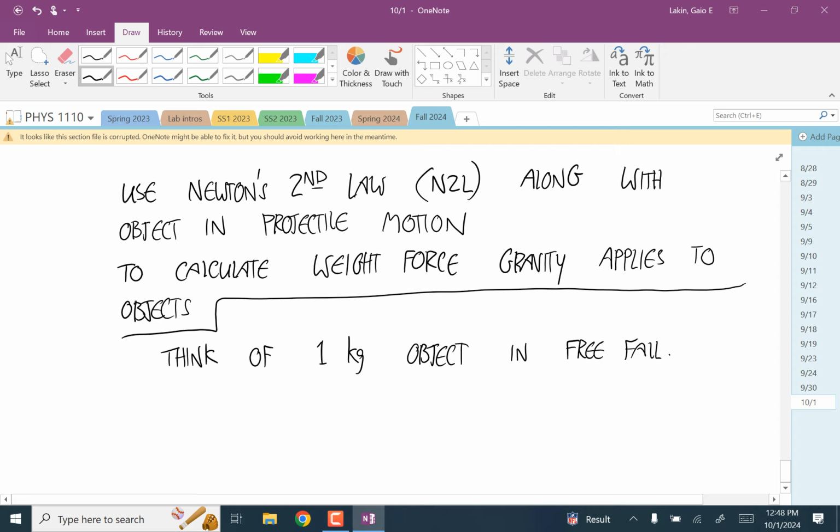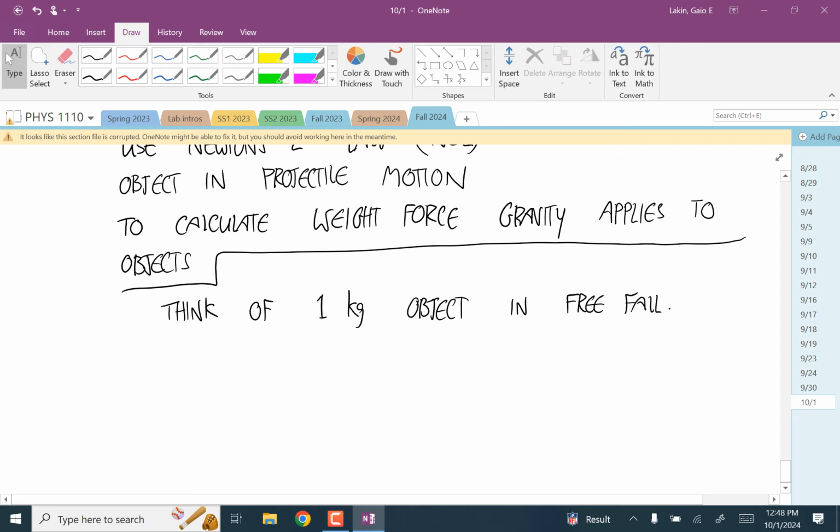We know that its mass is 1 kilogram. If it's in free fall, do we know what its acceleration is? Yeah. So we know from just observations at this point that everything in free fall or projectile motion has a downward acceleration of 9.81 meters per second squared.